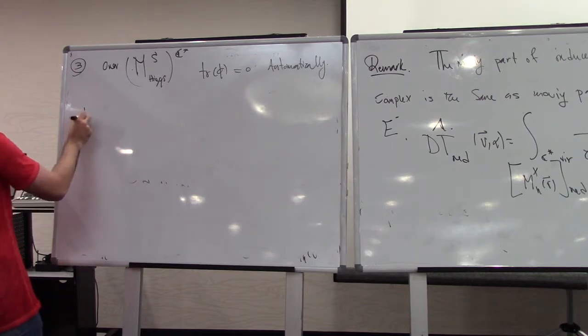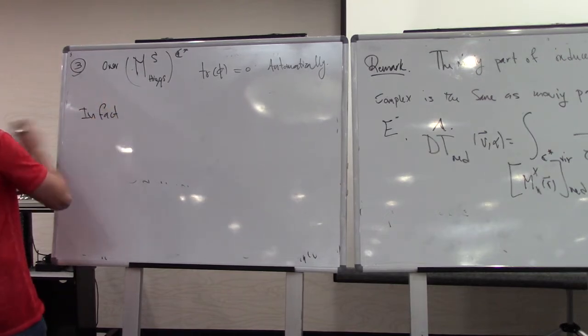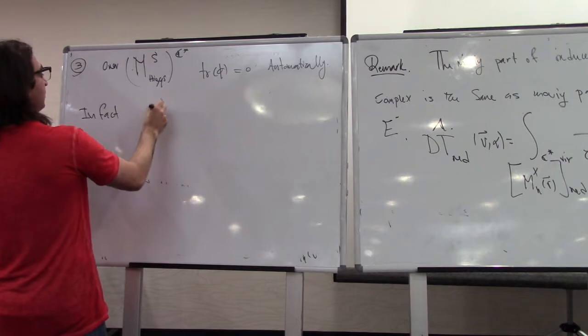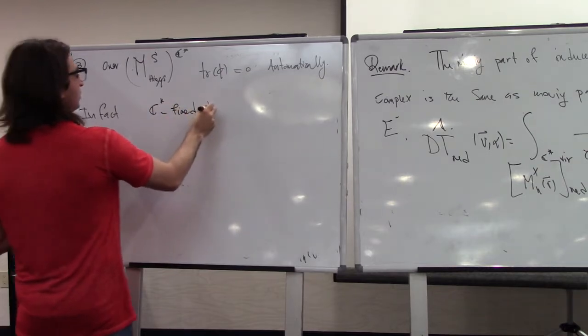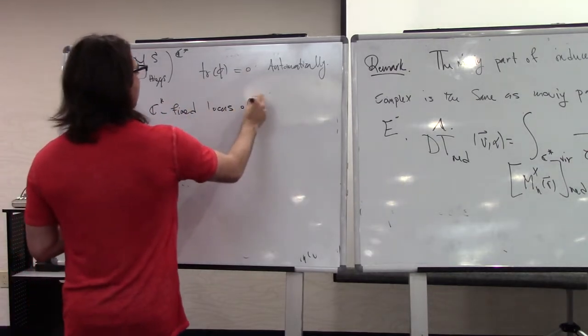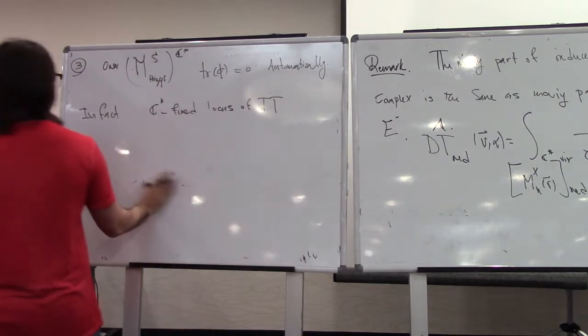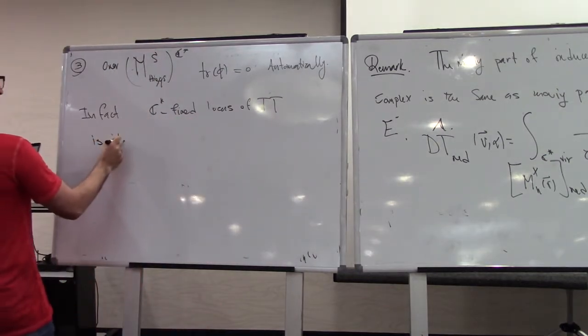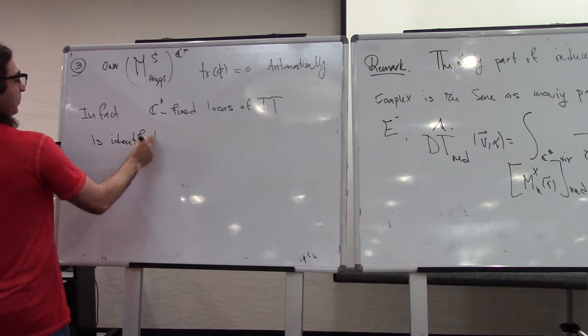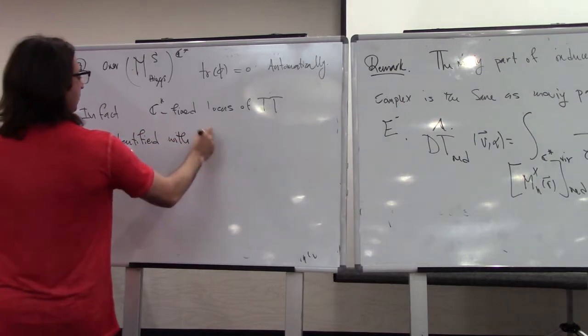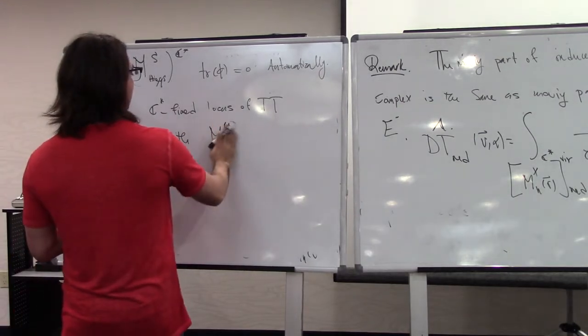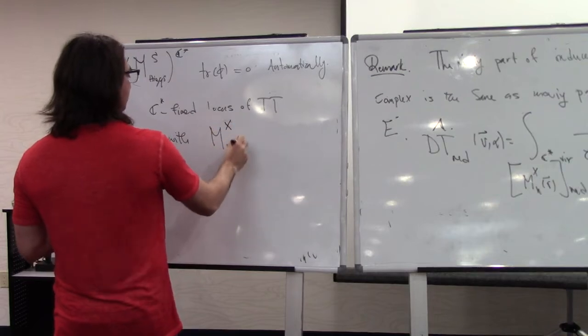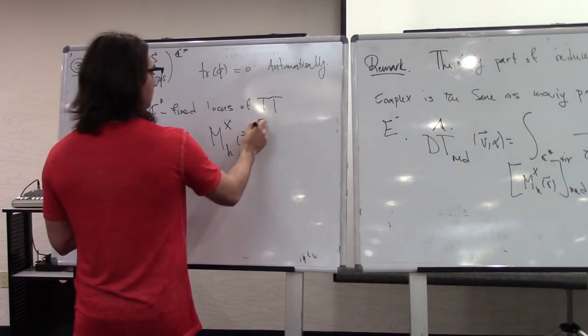So, in fact, the C star fixed locus of Tanaka and Thomas is identified with M omega MXH nu C star.